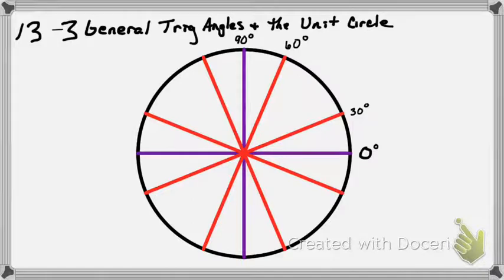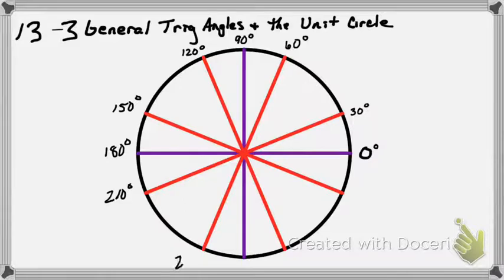Then the next red line, 120. And we just keep walking our way around the circle. Okay, so this would be 150. This over here, 180. Down here, 210.